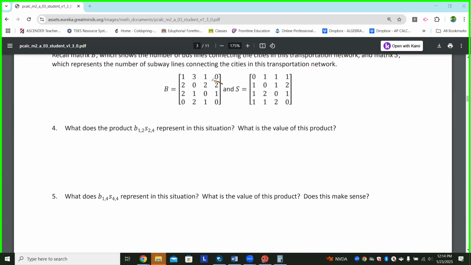Row 2. And when I was looking at the subway, what column did I take all the numbers from? 1. What do we typically do with arithmetic and matrices if I'm taking a row and a column of another matrix? Multiply them.